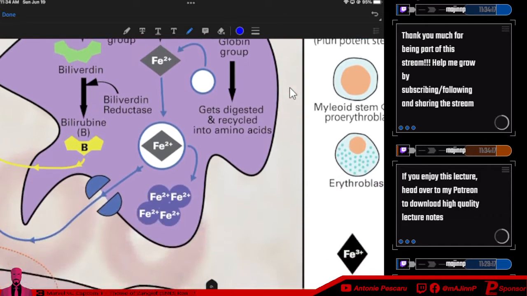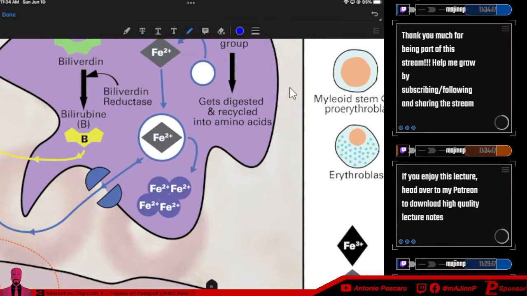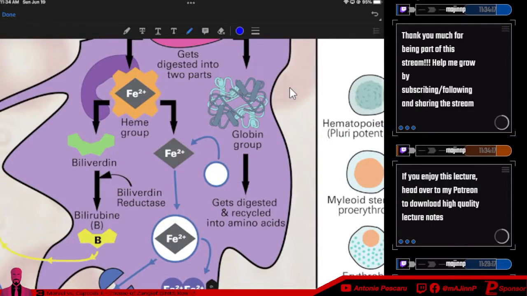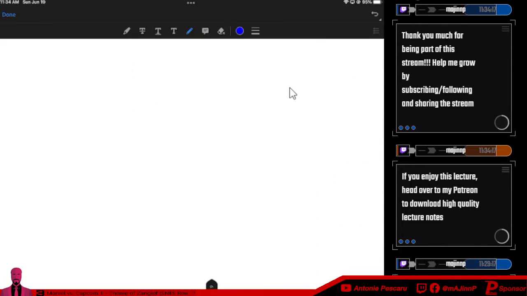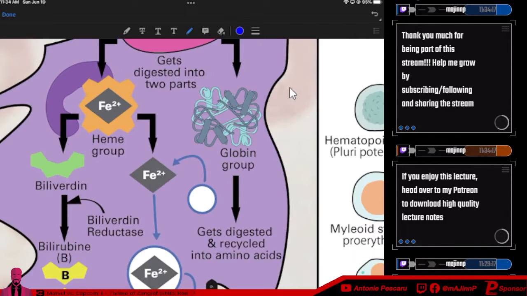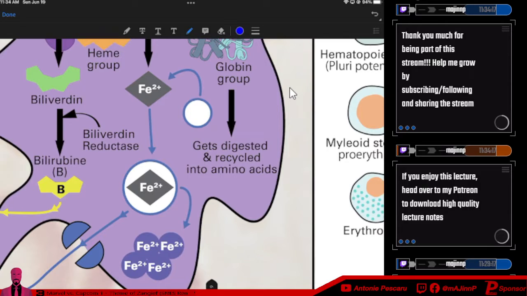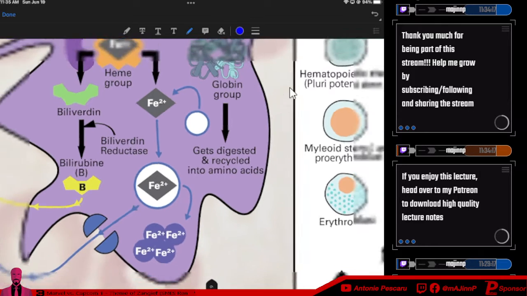That's it, and then they get ejected into the bloodstream for more recycling. They're just amino acids, so they can definitely get recycled back for other stuff as well.